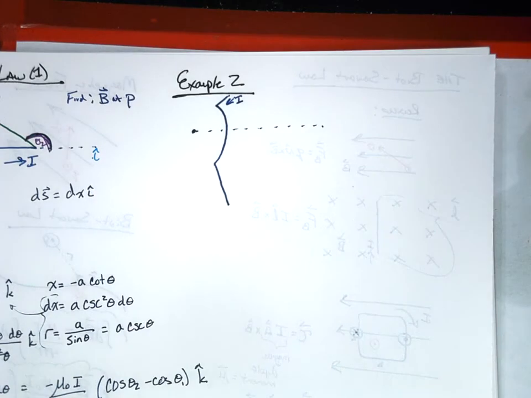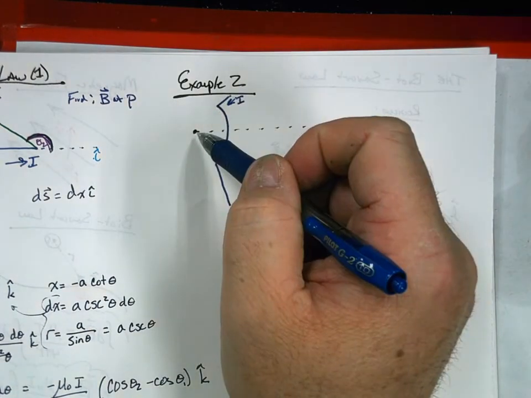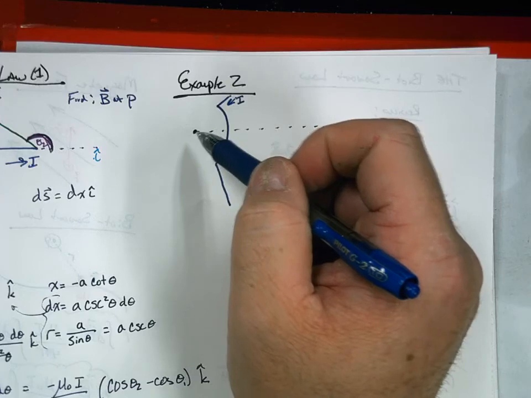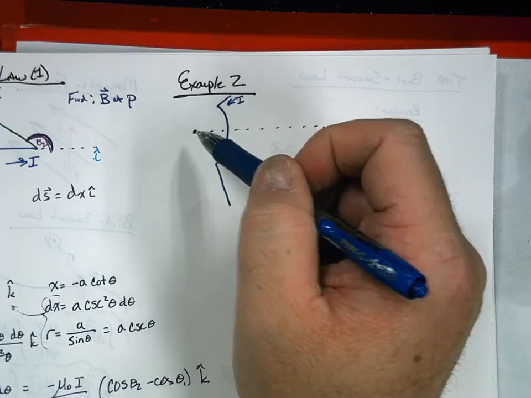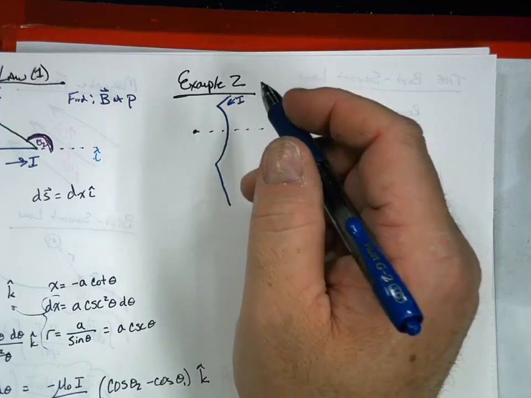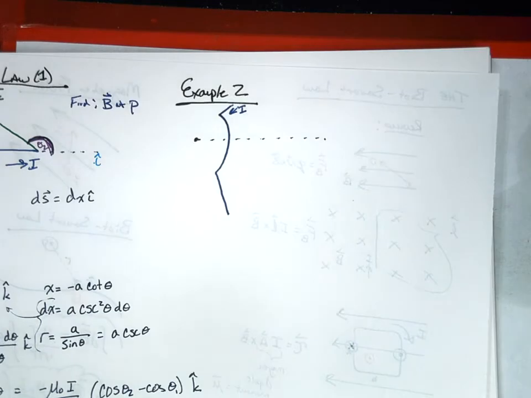Hopefully you guys can tell that if the current is coming directly at this point, there would be no magnetic field. It should make sense for that right now, but we'll get into that here in a sec.